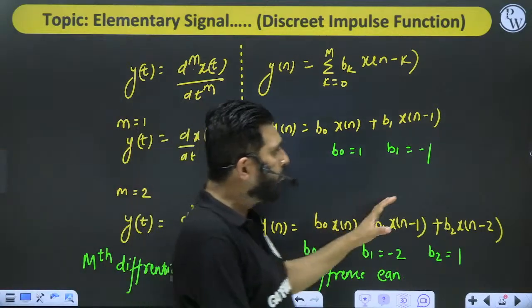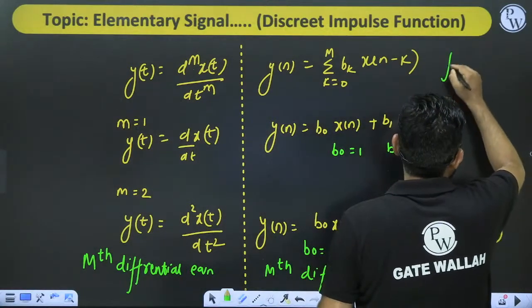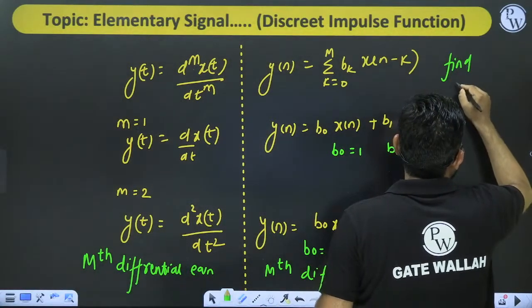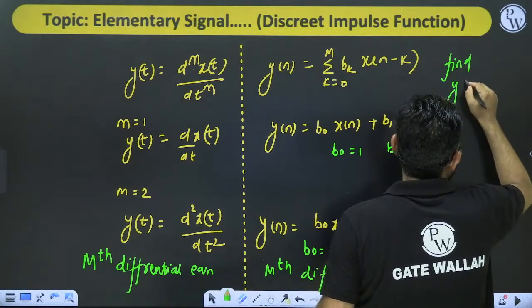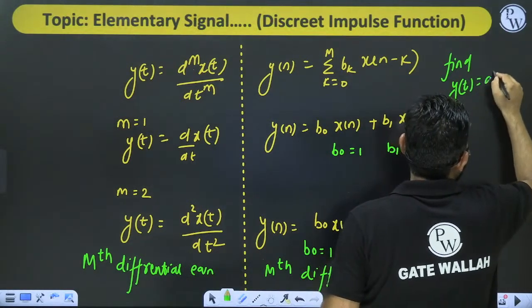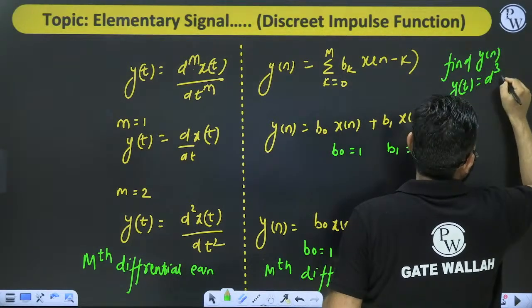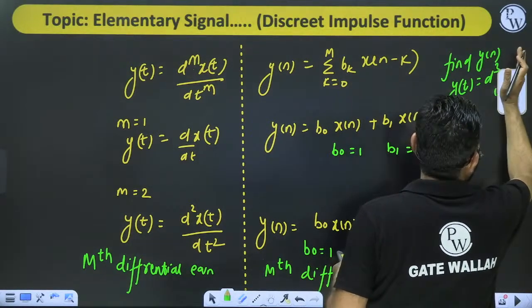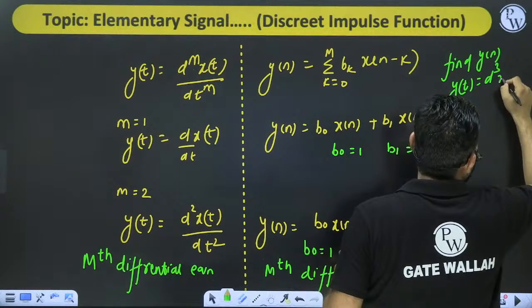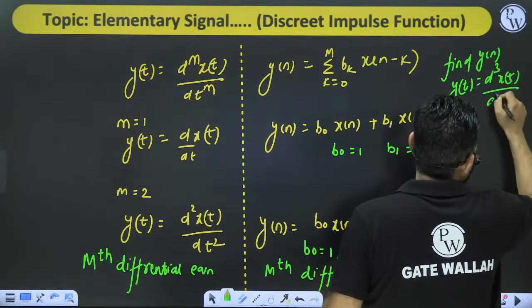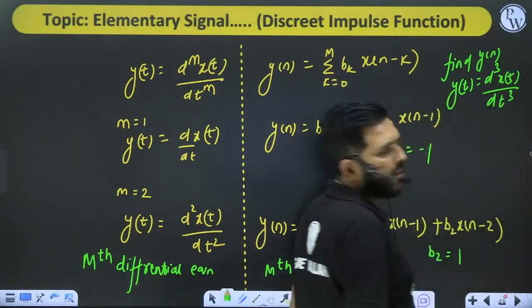I am giving you the homework. Find yn for d3 yt over dt3 and d3 xt over dt3. Then we have to find out the yn.